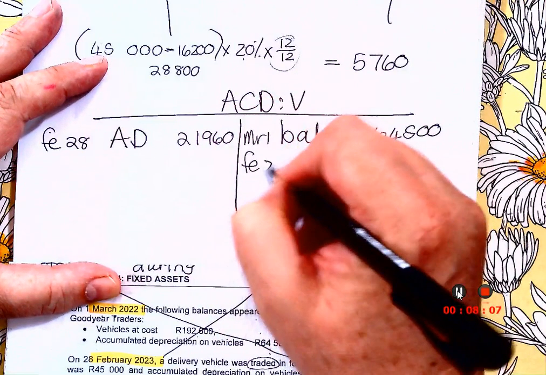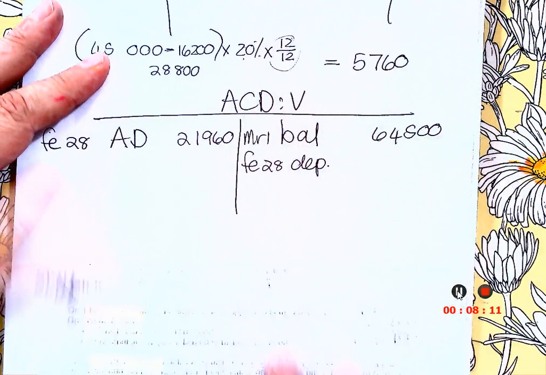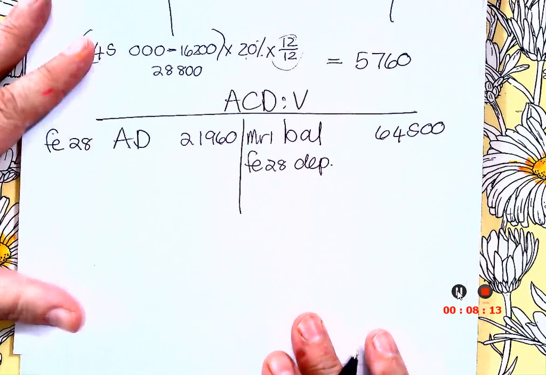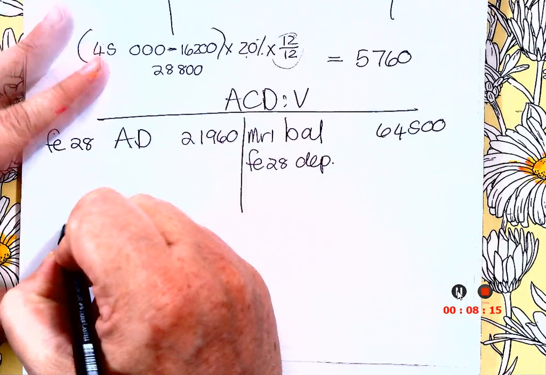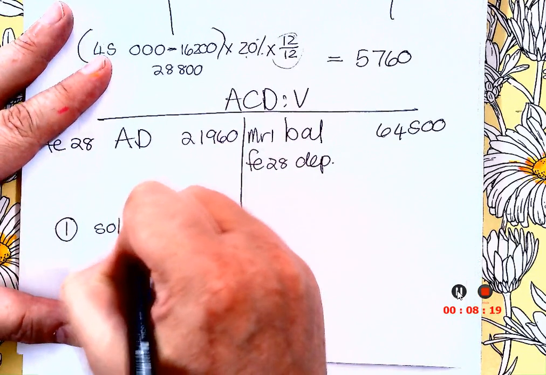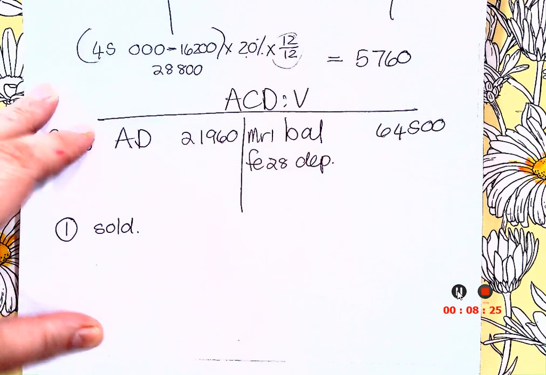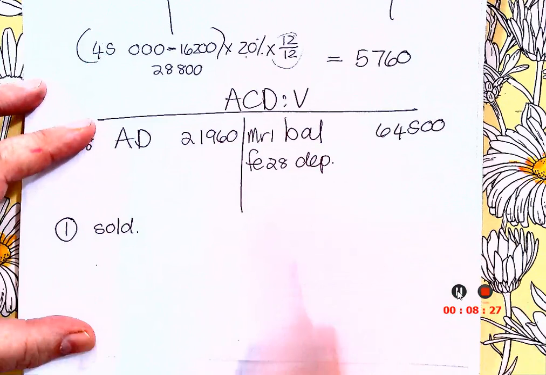Now I want to put in the depreciation for the year. I know I have a vehicle that I sold. What was the depreciation on that vehicle? 5,706. I'm going to show you 2 different methods. So let's just quickly see.